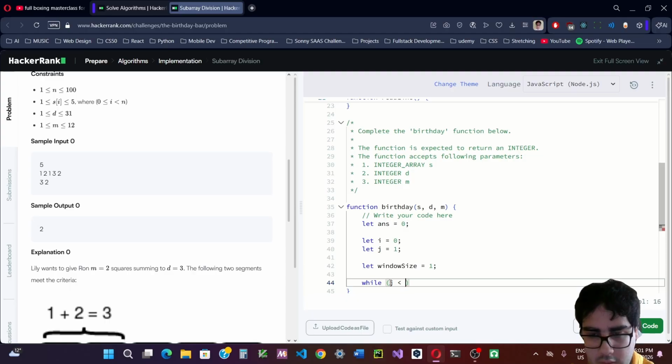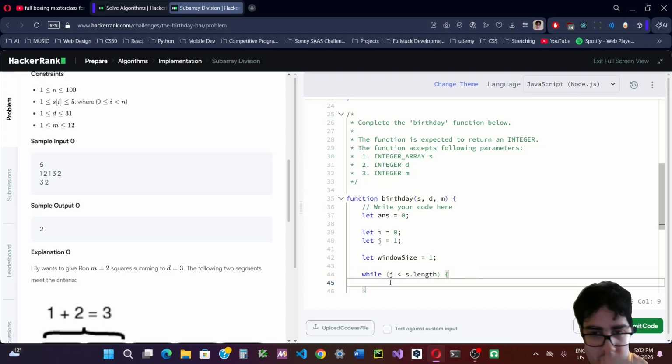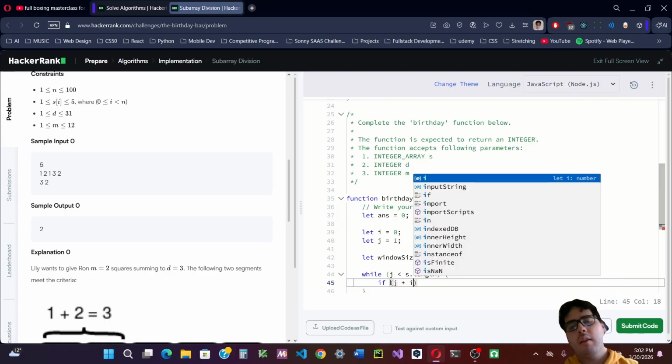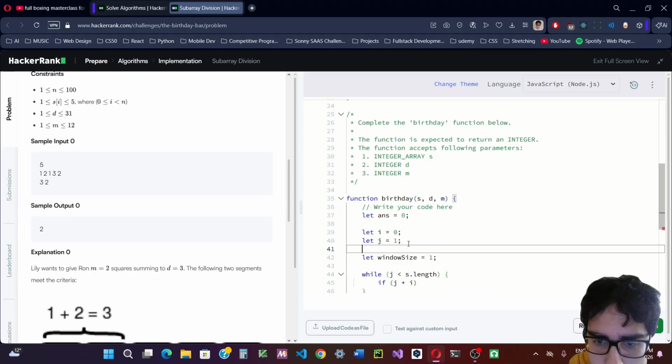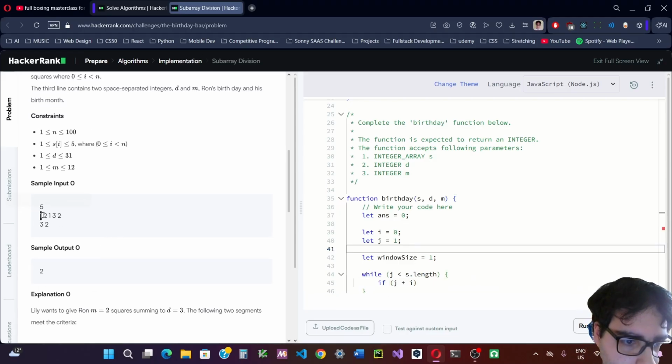While j is less than the length, if j minus, wait, j plus i, so this is gonna be, it's first gonna be 0 1, 1 2.